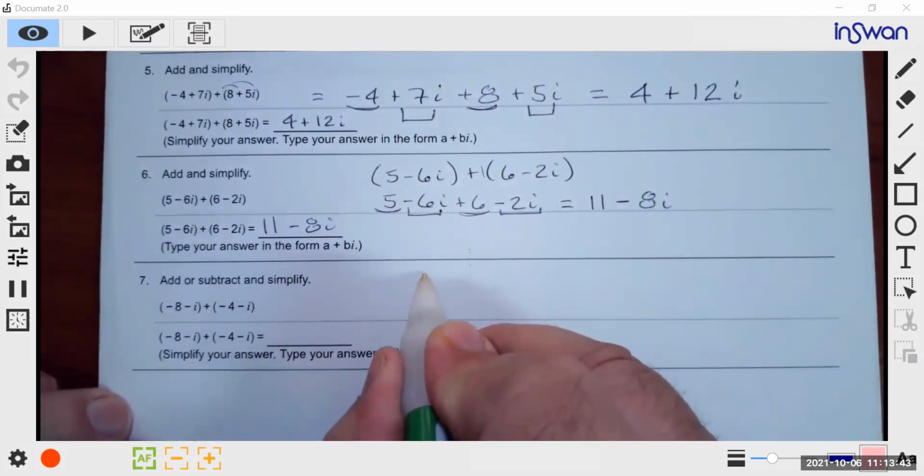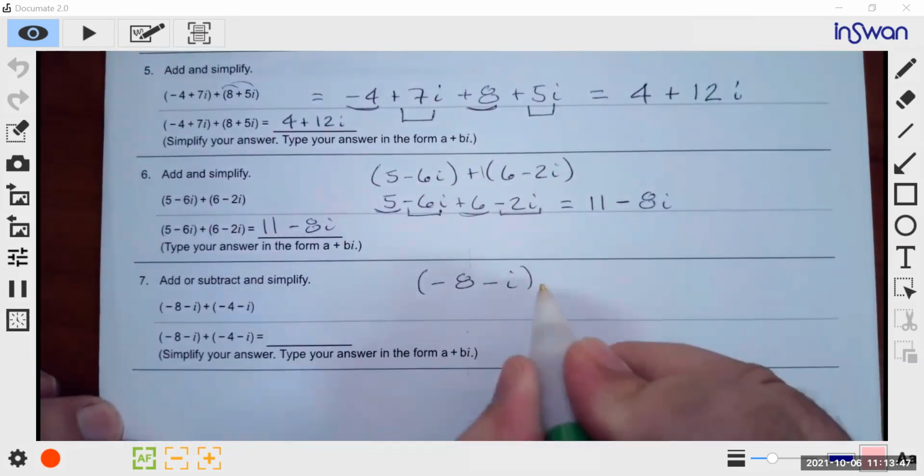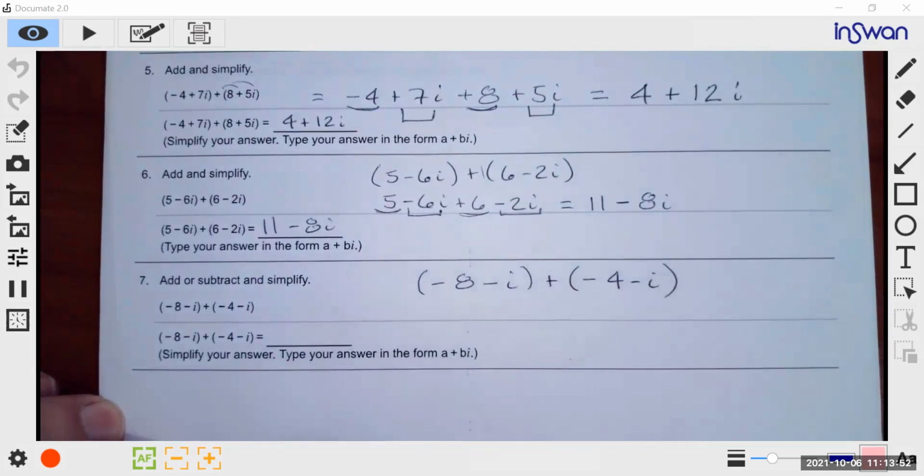The next, number 7. Negative 8 minus i plus negative 4 minus i.